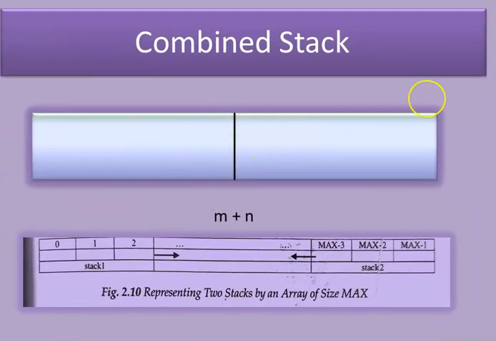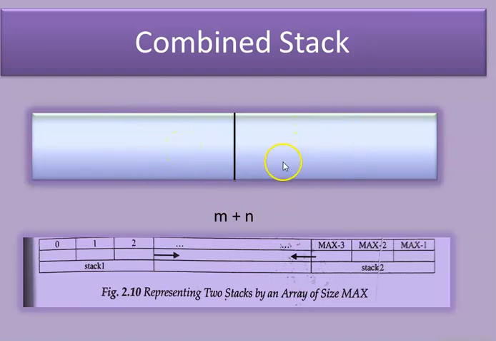Again, let us come back to this combined situation. Suppose we are having only 3 elements here and 6 elements here. The total size of this stack is 11. Then this portion of the stack has been filled, and we have 2 spaces left in this.